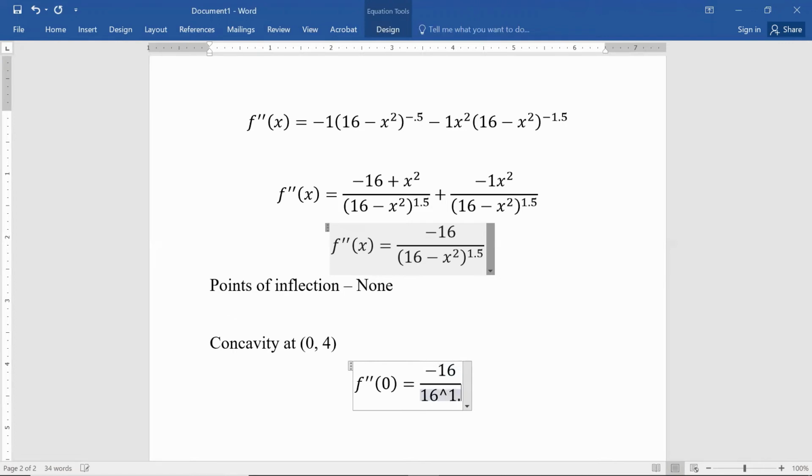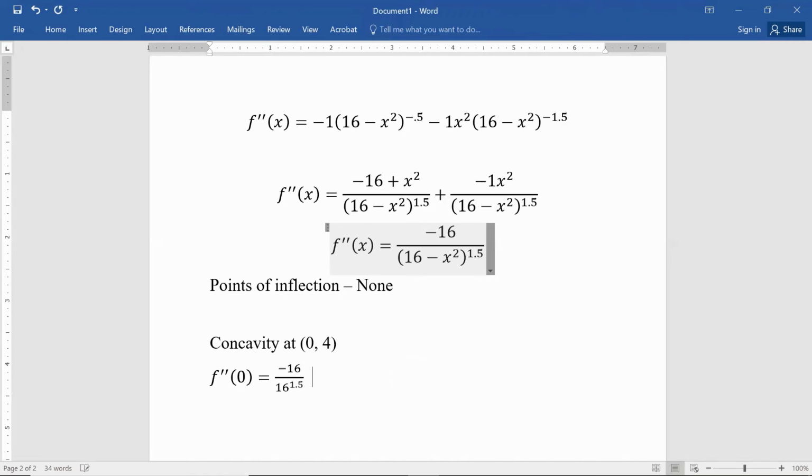So we're concave down. That means since 0, 4 is a critical point, 0, 4 must be a relative maximum. All right, so 0, 4 is a relative maximum.